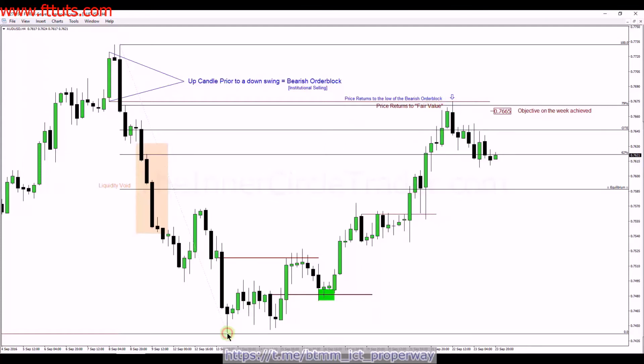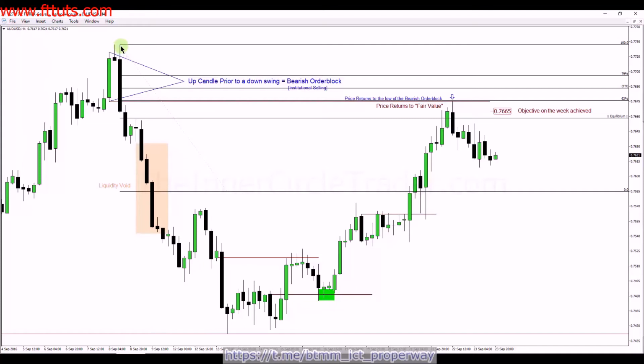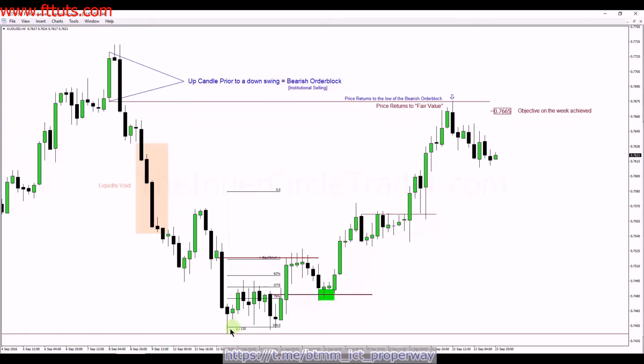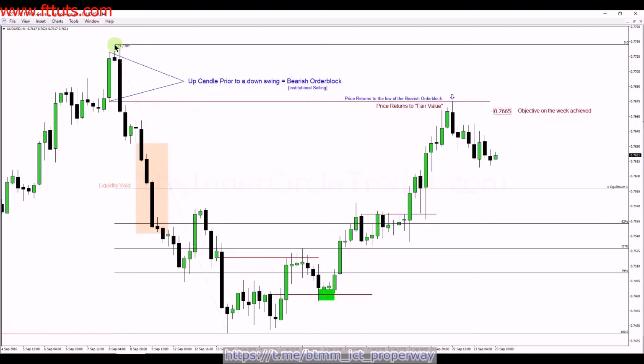If we reverse it and look at the range in opposite terms, defining it from high to low, we're below the 79% retracement level, so we're really at a deep discount, because we're below equilibrium relative to the range high and the low.